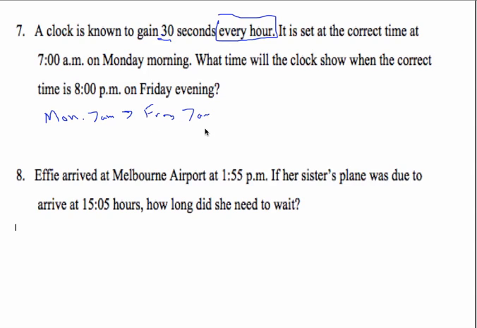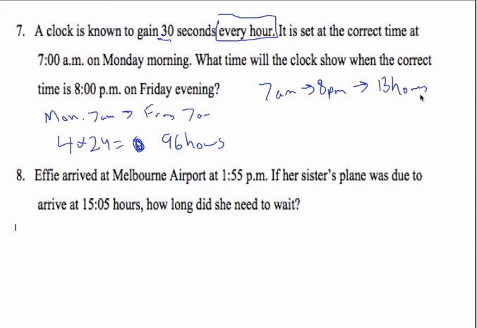So that's 4 days times 24 hours, which equals 96 hours until Friday 7 a.m. Then 7 a.m. to 8 p.m. is 13 hours, right? So I'm going to add that to my 96 hours and get 109 hours.